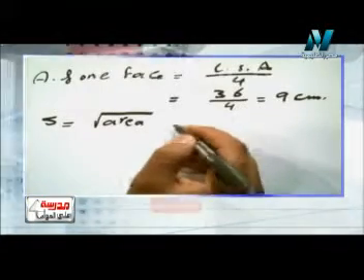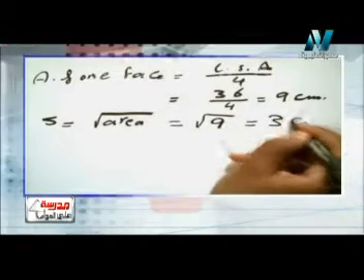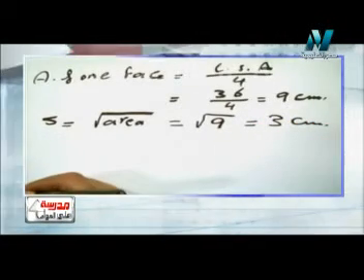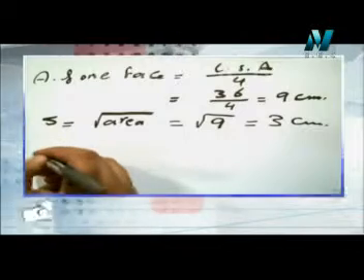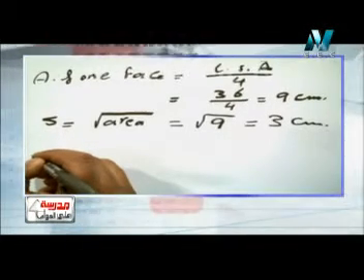Or we can use the calculator: square root of 9 equals 3 centimeters. Then we have the side length of a cube, and we can find the total area.